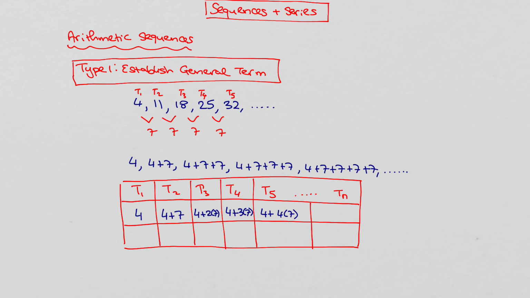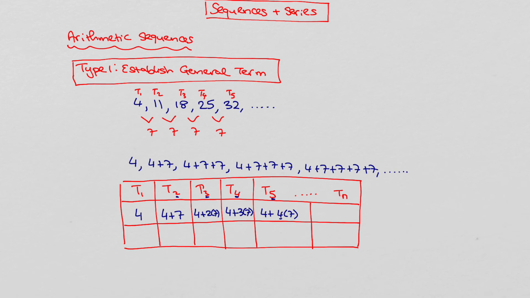And if we get all the way down to the end, we could look at writing what would term n look like. Well, if we look at the term position, we can see that we have T1 is 4, T2 is 4 plus 1 7, T3 is 4 plus 2 7s, T4 is 4 plus 3 7s, T5 is 4 plus 4 7s.